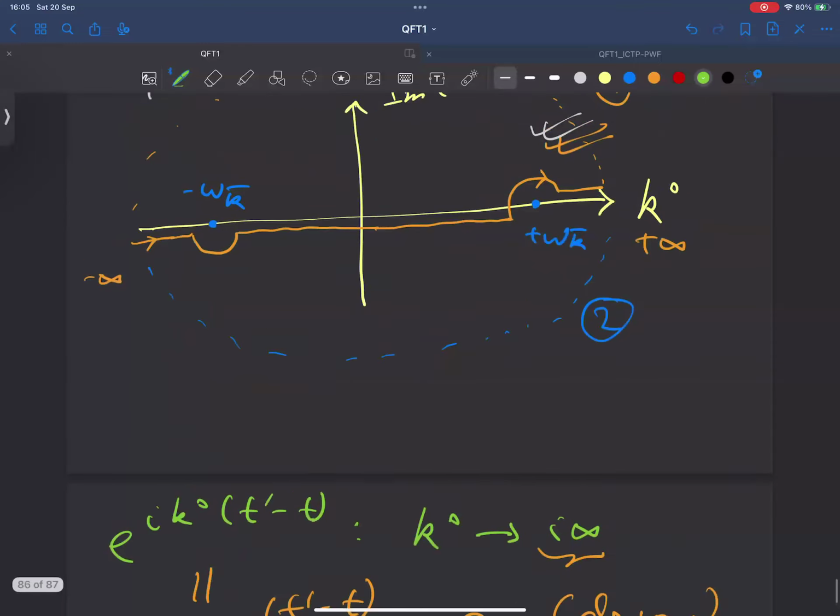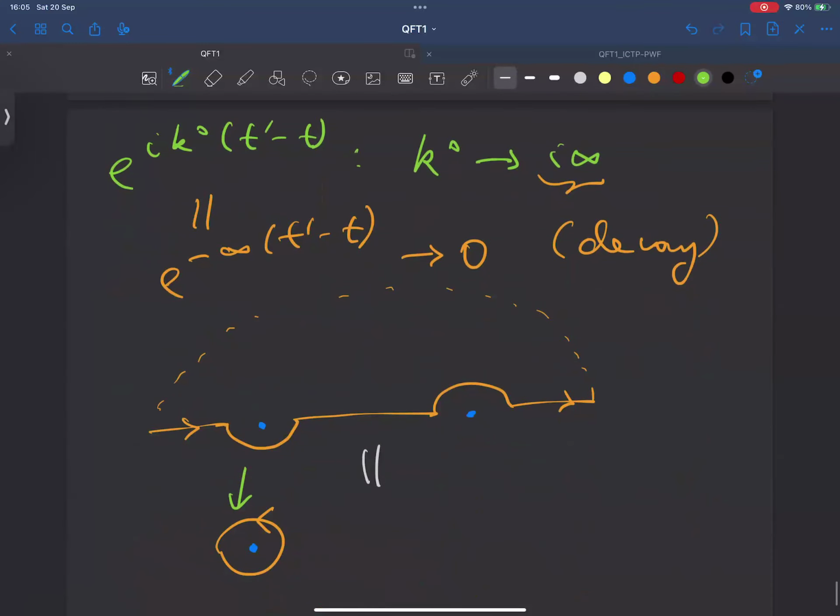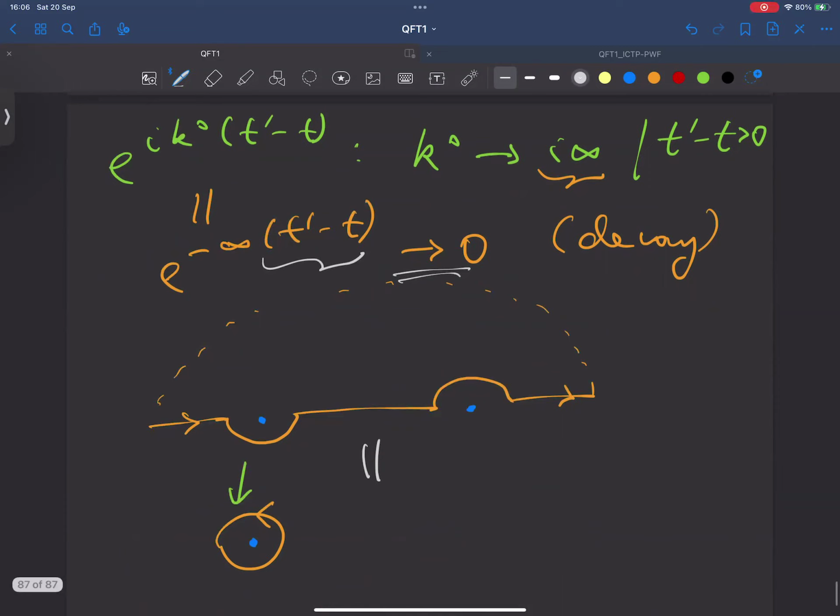That is the case which makes sense when t prime minus t is positive, because then this thing will decay like an exponential decay.